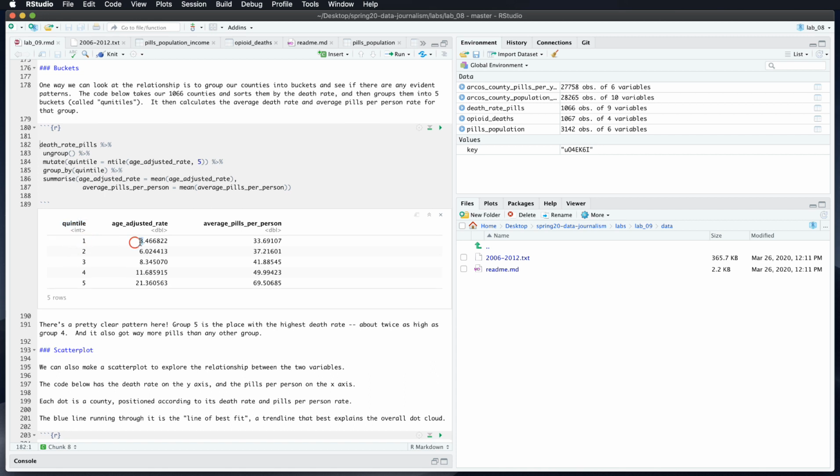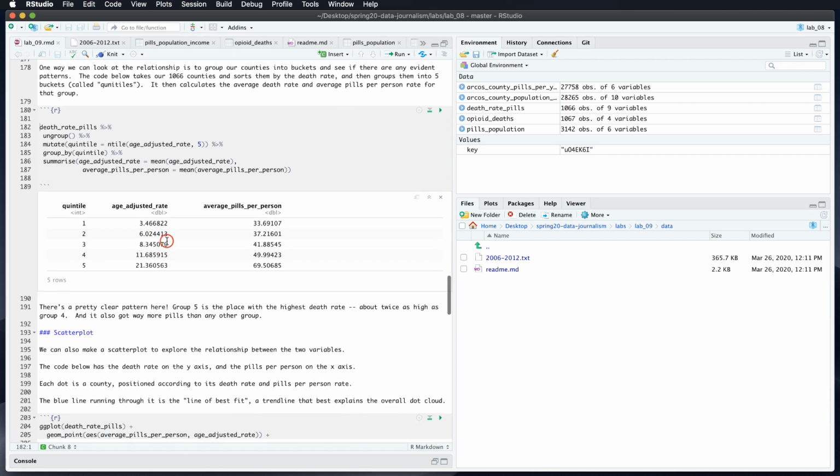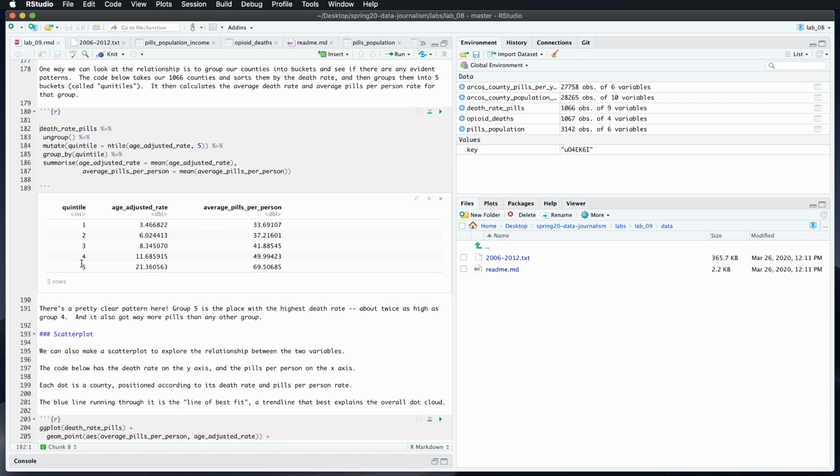So what I've done is first I've taken the average age-adjusted death rate. This first group of 200 counties, the lowest 200, have an age-adjusted death rate of 3.5 deaths per 100,000 population. At the other end, the highest 200 counties have an age-adjusted death rate that is much, much higher, 21 opioid-related deaths per 100,000 population.